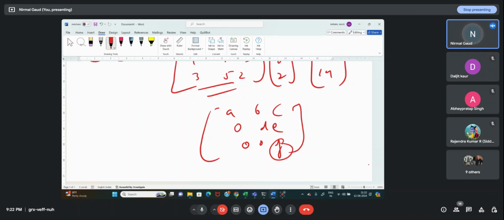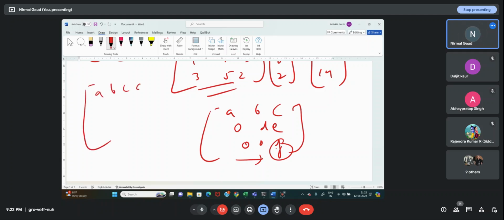This is a non-zero element in a row. If F is also 0, then the property says that all the zeros should come at the bottom.